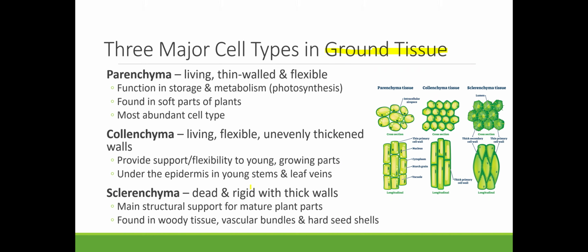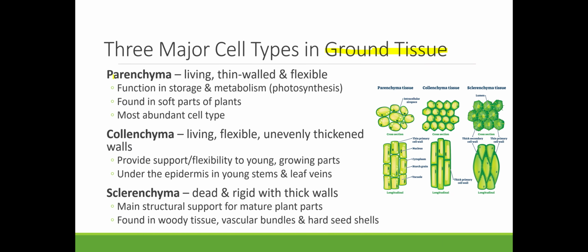Like your xylem and phloem have specialized cells in them to help them transport. Your roots may have some specialized cells in order to absorb. Your leaves are going to have some specialized cells in order to do photosynthesis. So these are just three examples of some cell types that you can find in plants, but it's specifically the ground tissue. And we'll come across some other specialized cells as we go throughout other plant parts.